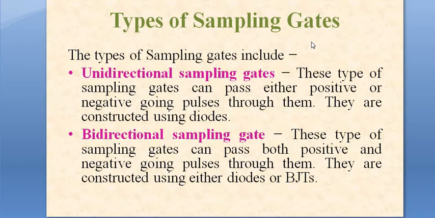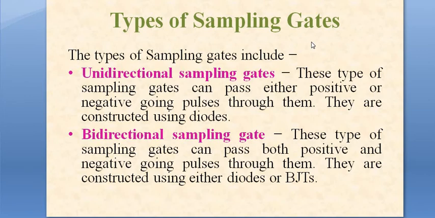It is a sampling gate which transmits signals of only one polarity. Either it may transmit the positive part of the cycle, or it may transmit the negative part of the cycle, depending. That's the reason we call it a unidirectional sampling gate, which means it transmits signals of only one polarity.